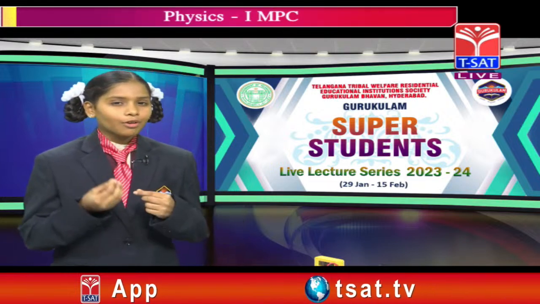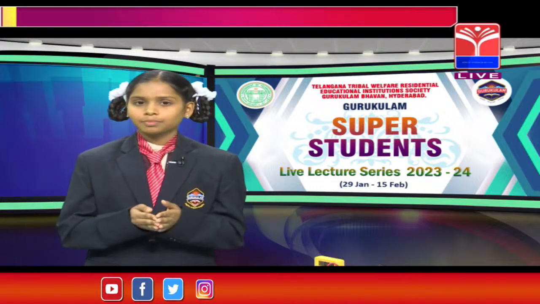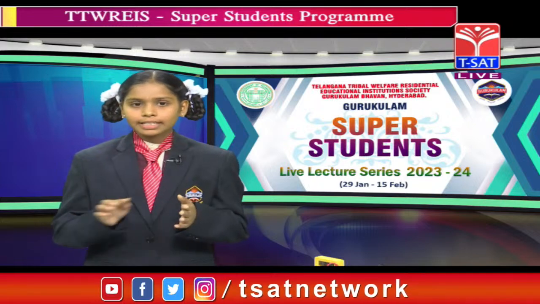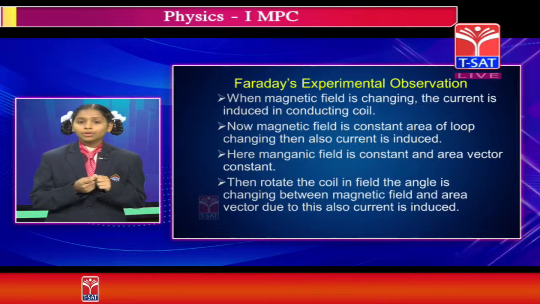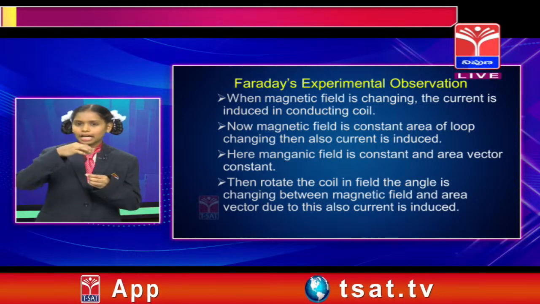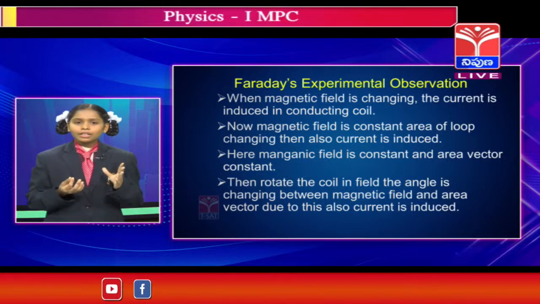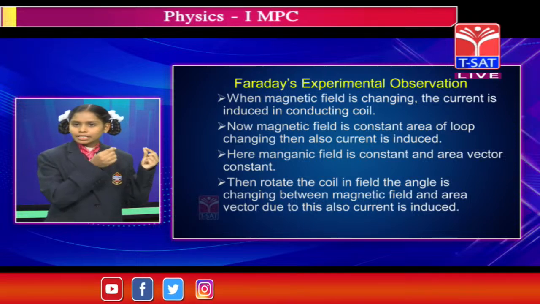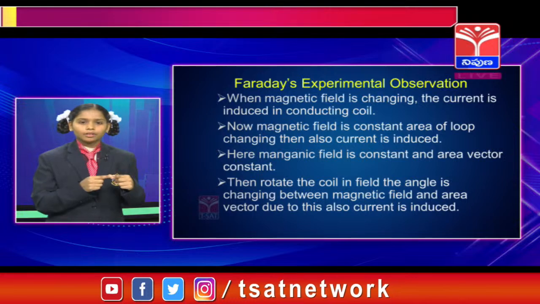Now the second topic is Faraday's experimental observations. In Faraday's experimental observations, we see cross symbols. The cross symbols indicate the magnetic field lines passing inside the coil. If the magnetic field is changed, current is induced in the conducting coil.